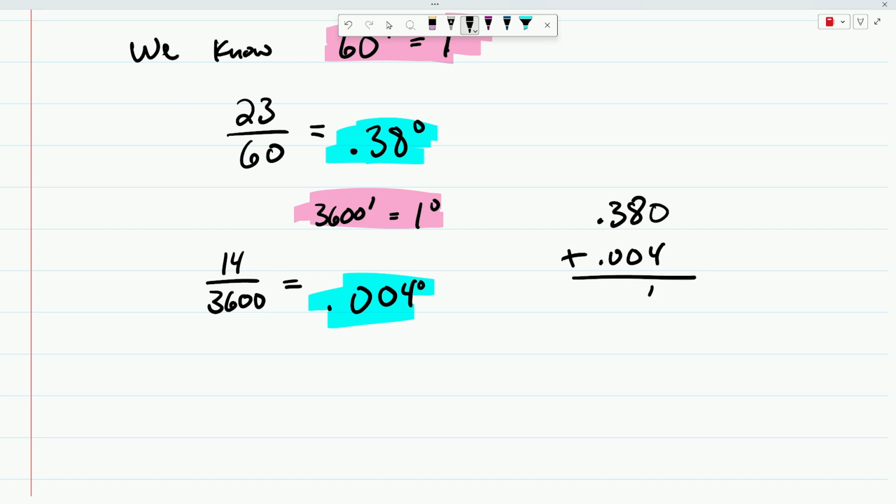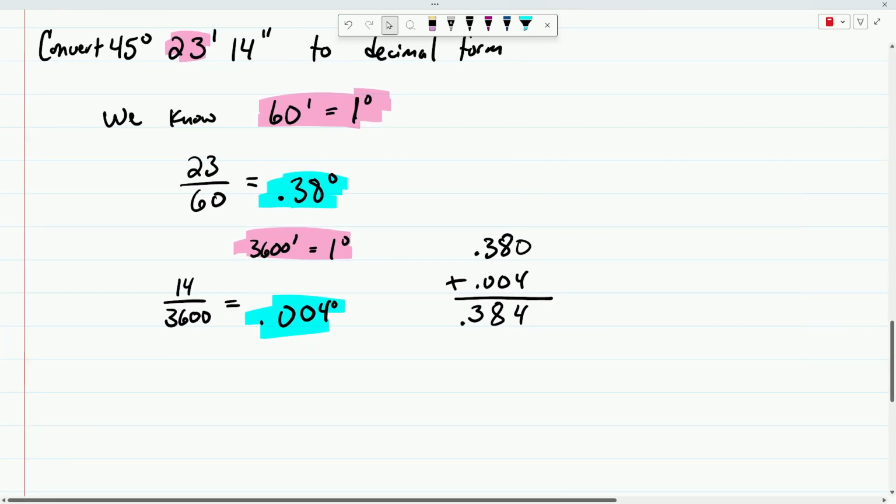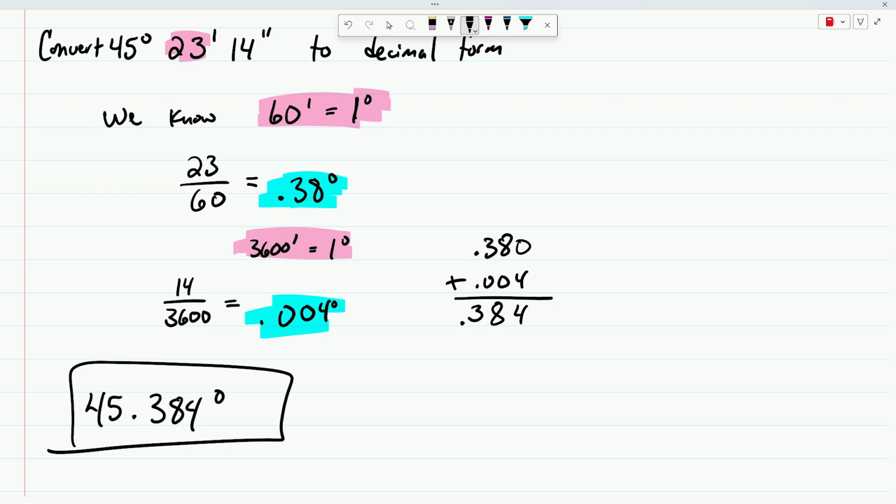So put a 0 there, 0.384 with a decimal. So this is really 45.384 degrees. And that's all this is. It's just another way of measuring angles. All right. Chances are I'm going to put a couple of these on the homework, but I don't even think I would test you on something like this.